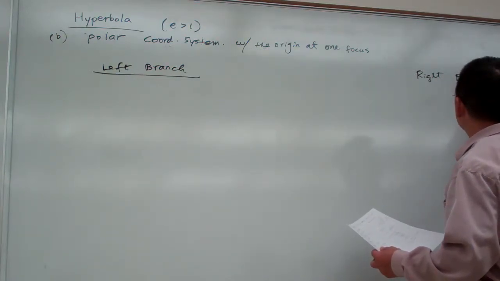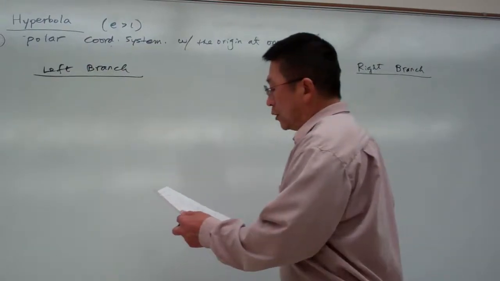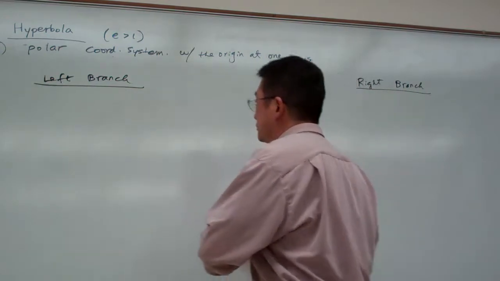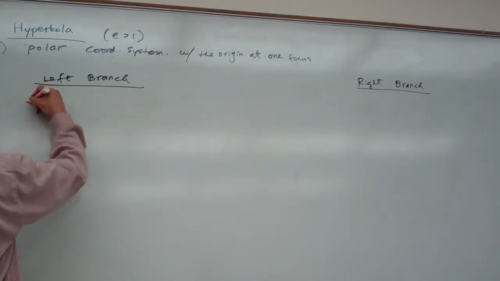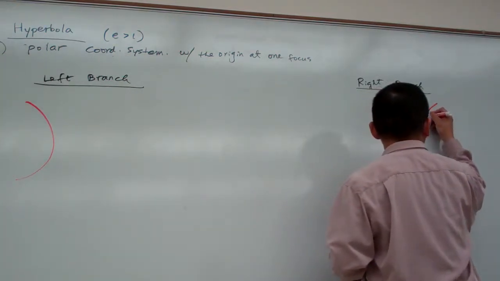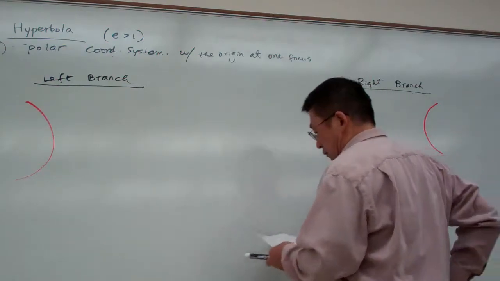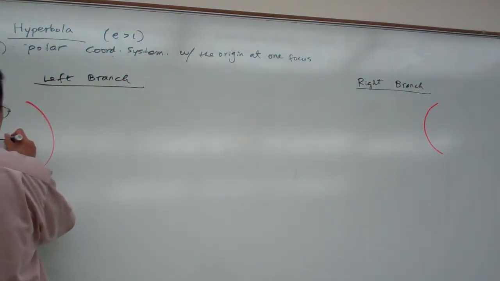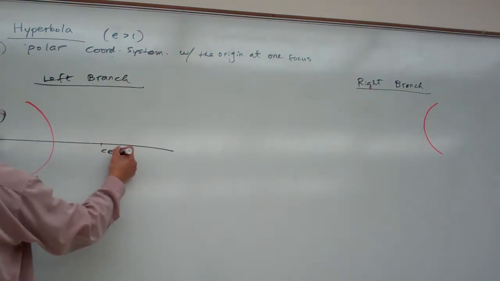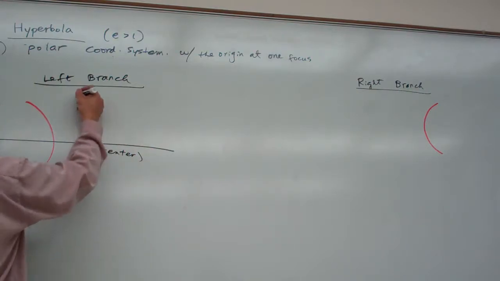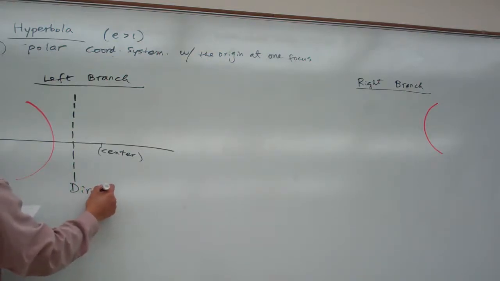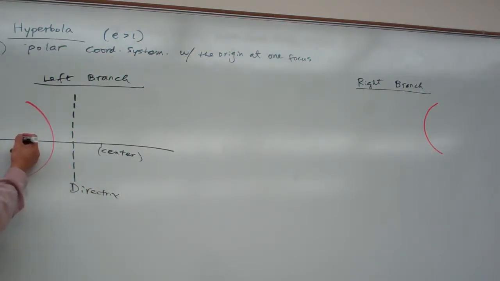And the left branch. For the left branch, this is the orbit. And this is the right branch. Then let me draw the coordinate systems. Okay, so this is the center here, which is not critical, and this is the directrix. So this is our focus.